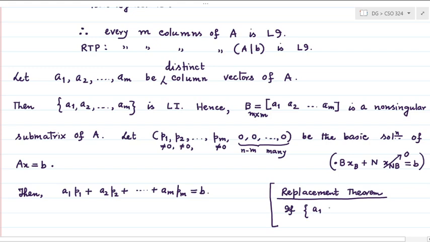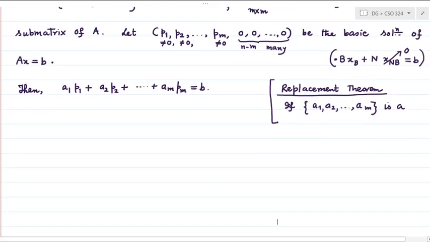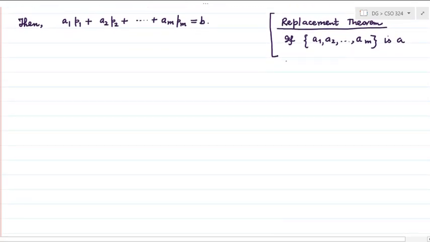Let's suppose a1, a2, ..., am is a basis of the m-dimensional Euclidean space, and you take up a vector b, inside or even outside of the linear span, and let's suppose b is equal to a1 p1 plus a2 p2 plus ... plus am pm.